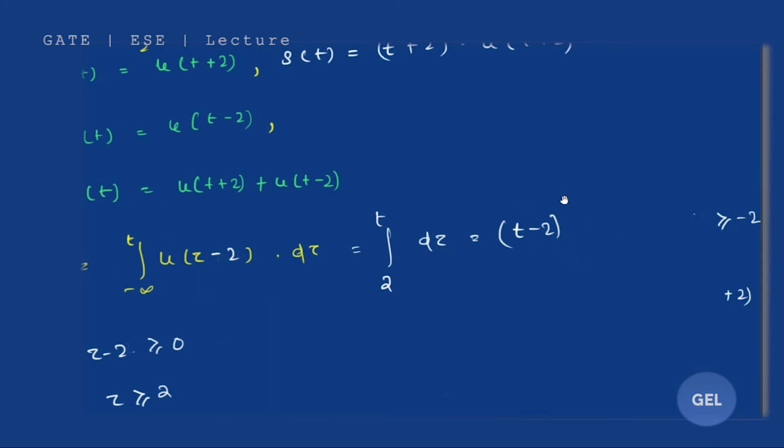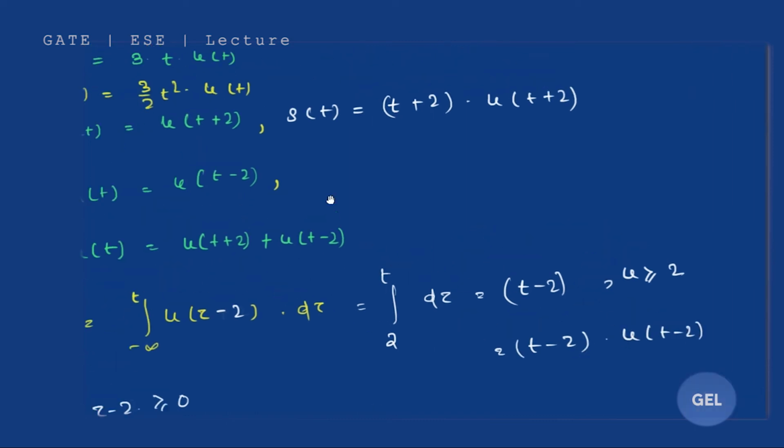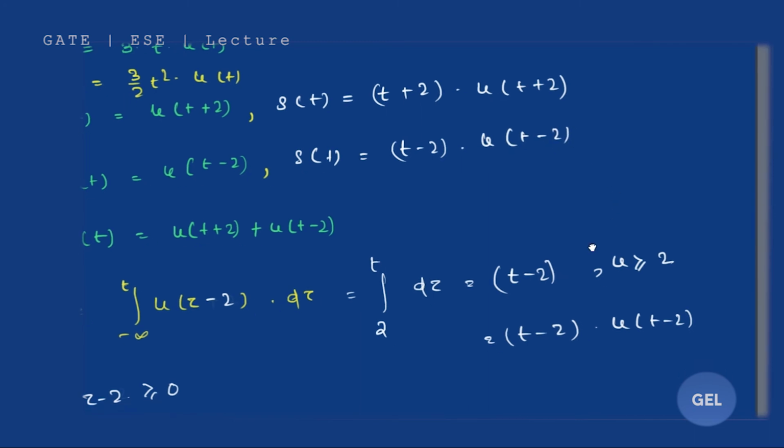It is going to give you t minus 2 for t greater than or equal to 2. So t minus 2 into u of t minus 2. Clear? So you will get here s of t is equals to t minus 2 u of t minus 2.